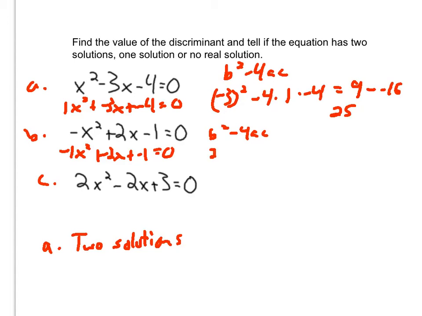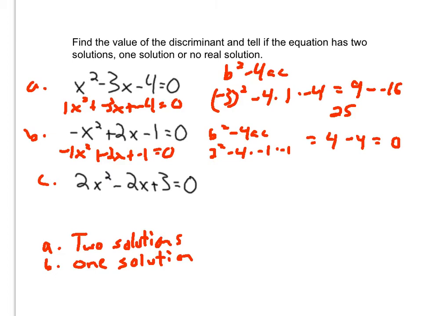Well, b squared, that's 2 squared minus 4 times a, which is negative 1, times c, which is negative 1, and that equals 2 squared is 4, minus, and then 4 times negative 1 is negative 4, times negative 1 is positive 4. And that equals 0. So B has one solution because the discriminant is 0. And the only square root of 0 is 0.